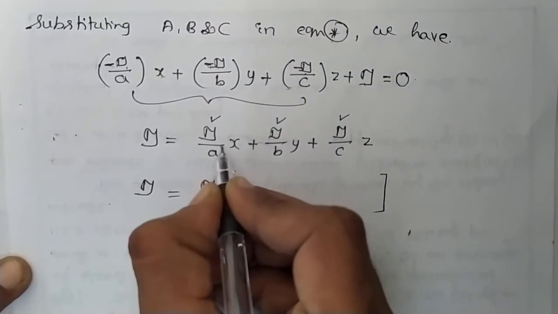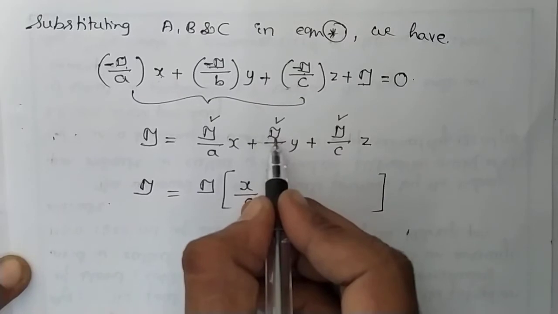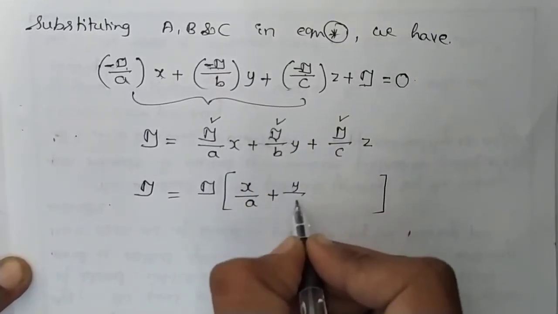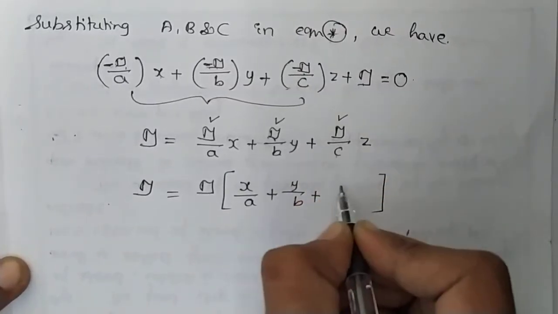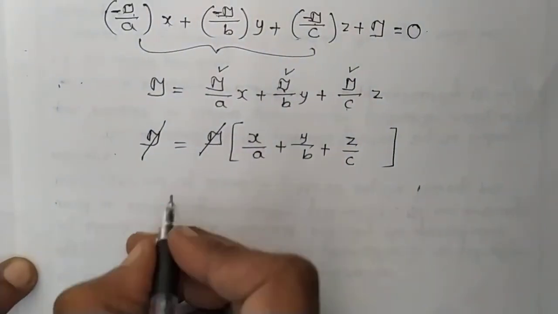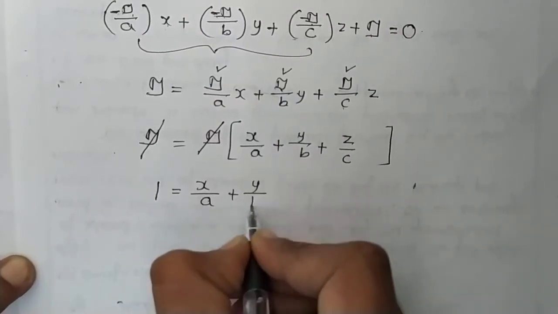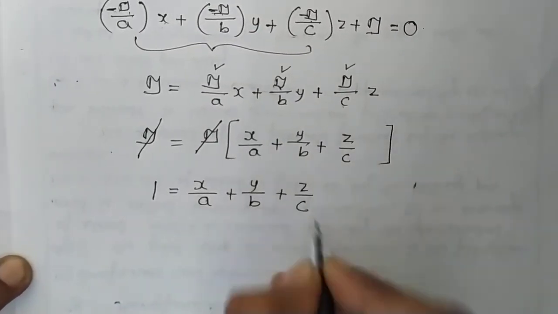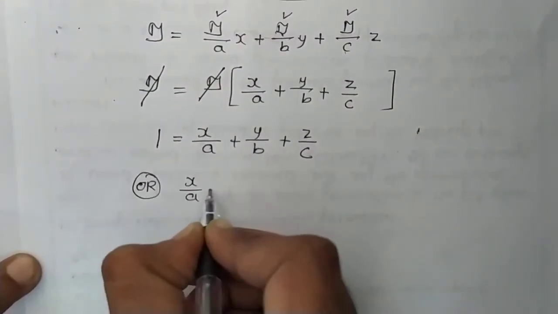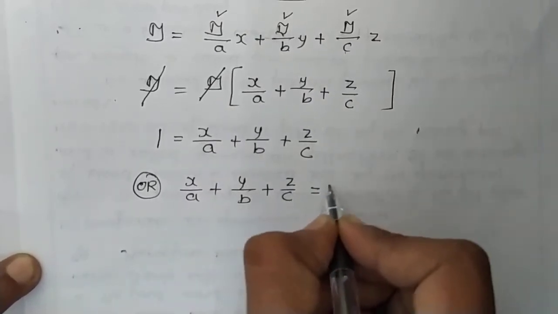Then we will get X by A plus, I am taking this D outside, then Y by B plus next Z by C. This D and D will get cancelled. Finally, we will get 1 equals X by A plus Y by B plus Z by C, or X by A plus Y by B plus Z by C equals to 1.